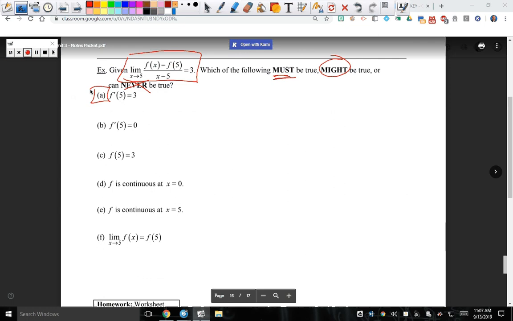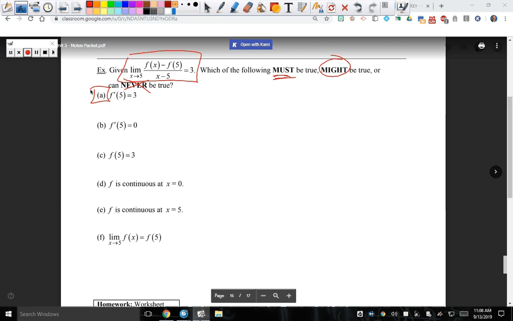Okay, so this is saying not f of 5, but f prime at 5. Okay, so f prime, Madeline, what does f prime mean? Talk about the derivative. So the derivative at 5 is equal to 3.